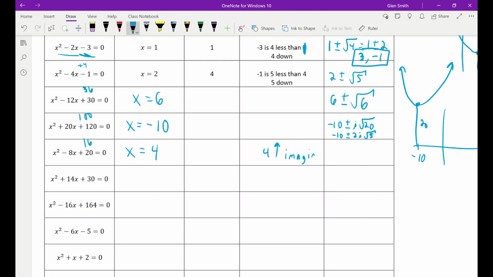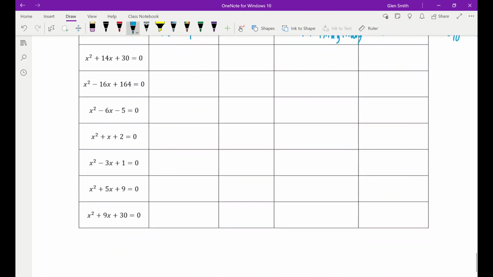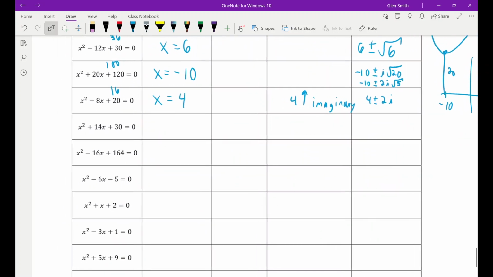So they're centered at 4 plus or minus the square root of 4. That's how far I moved it up, but it's imaginary. So it's i root 4, which is really just a 2. So you might as well just say 2i. There we go. All right, so we're going to rock these out real quick here.